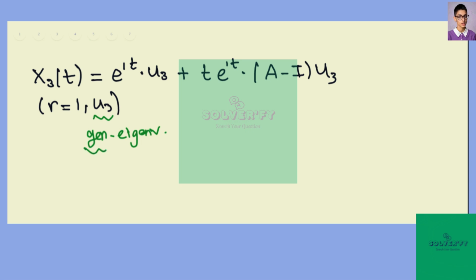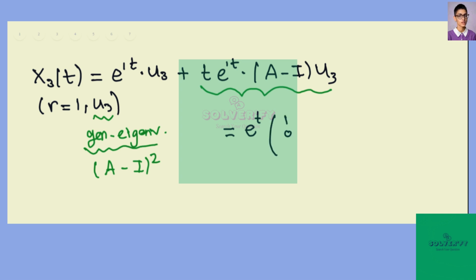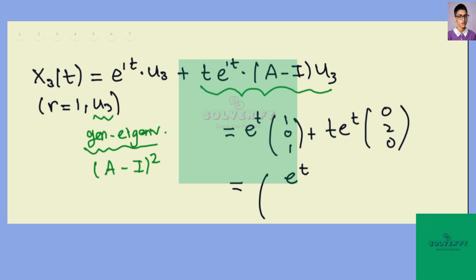Since this eigenvector comes from the matrix A minus I squared, this new term will come up here. When we compute this, we get e^t times the vector 1, 0, 1 plus t times e^t times the vector 0, 2, 0, which is the vector e^t, 2t e^t, e^t.